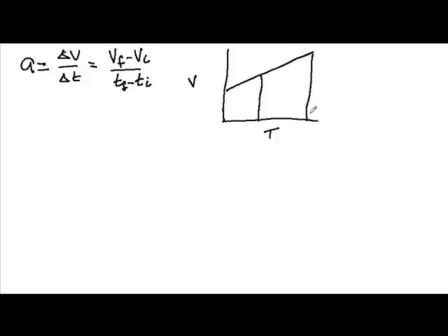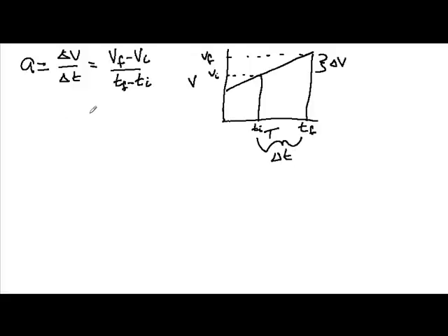There we go. So I want to look at, that would be my initial velocity. This is my initial time. My final velocity and my final time. Okay, so this value here is my change of velocity, and this value here is my change of time.